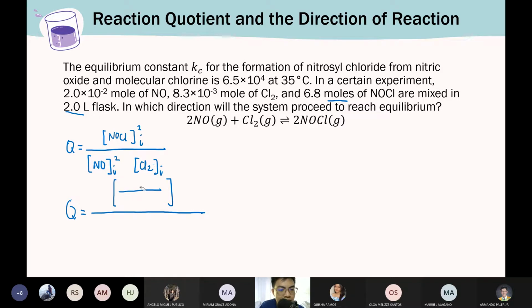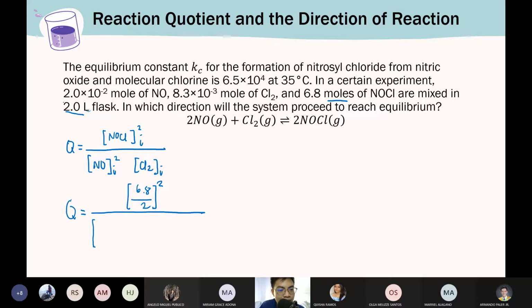Okay, 6.8 lang pala yun. 6.8 divided by 2. Okay, so mole per liter, so 6.8 moles divided by 2 liters. Yung unit, di ko na inilalagay, ha? Okay, pero I hope you can tell ano yung number na kinukuha ko.